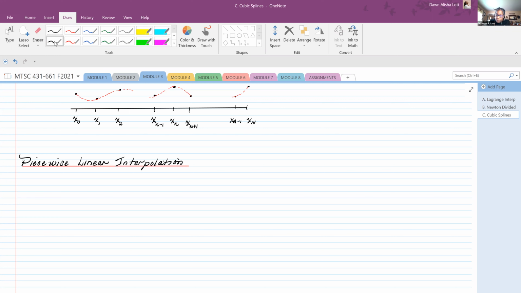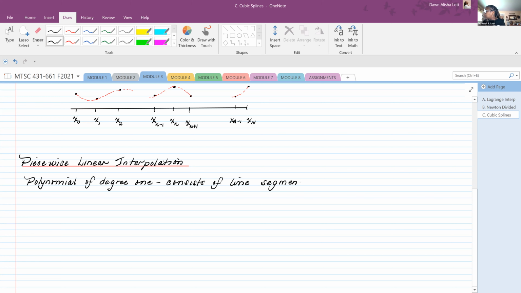So that means we have a polynomial of degree 1, and it consists of line segments that pass through the points. And this is basically the same as linear interpolation.